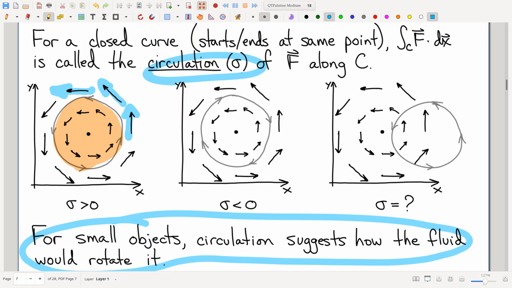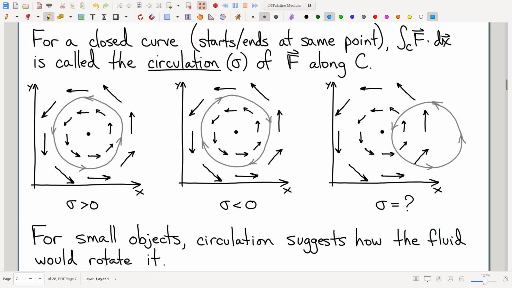I do want to warn you about one thing. I made this clarification back in chapter 3, way back when. There is a temptation to think of this as being a measurement of flow lines. And now the way I have the vector field drawn here, if you were to just follow the vector field and see what curve you trace out, yes, in that case, this would give you a circle. This is a coincidence. Circulation is not about flow lines.